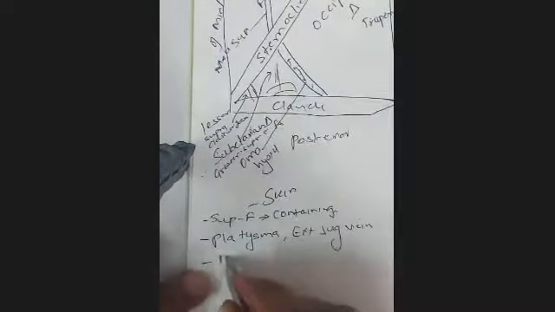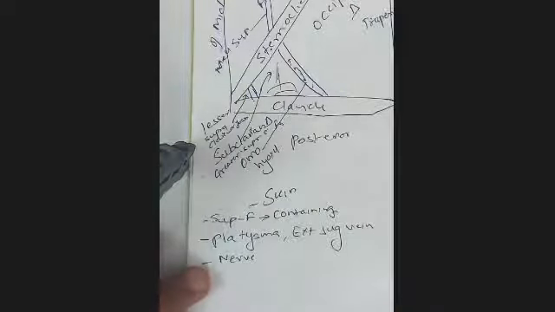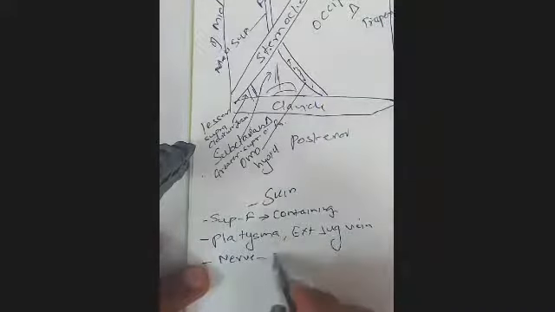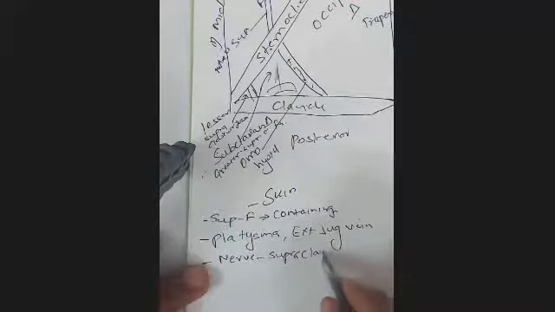Then there will be nerves. These nerves will be there as content also of the triangle, and these nerves will be there as structures in the roof also. So what are the names of these nerves? These are supraclavicular nerves. These are all branches of cervical plexus.